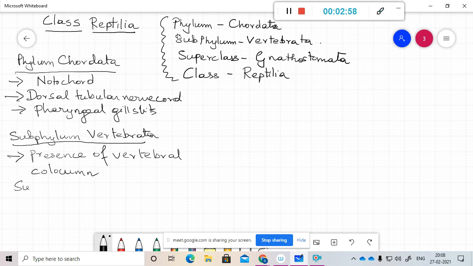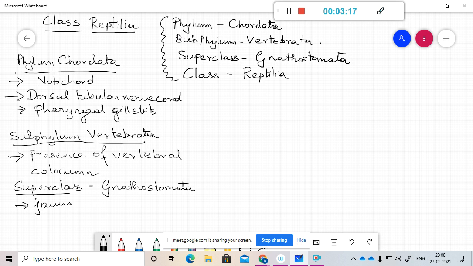Then you have the superclass Gnathostomata. So Gnathostomata means they have got jaws.